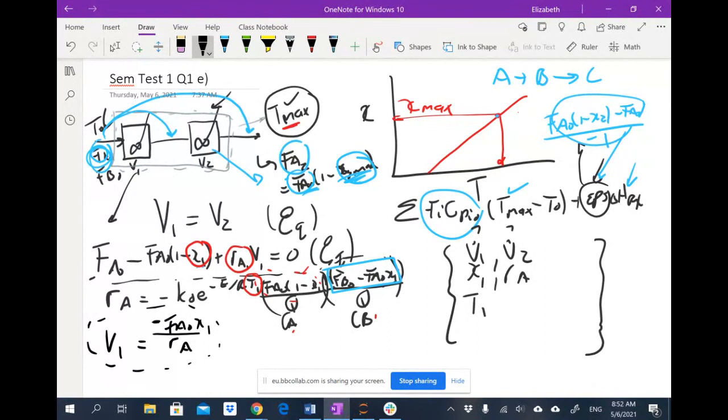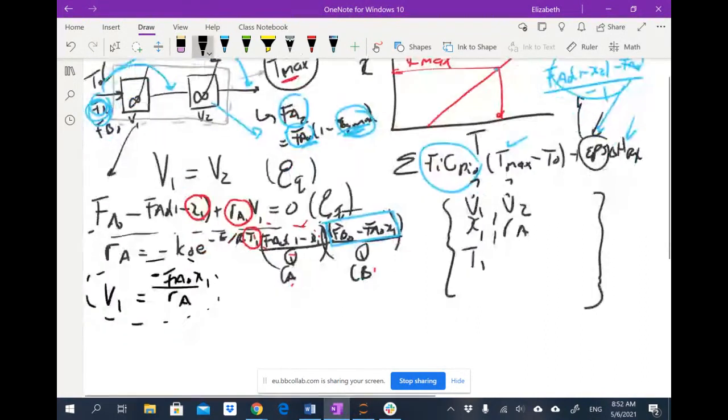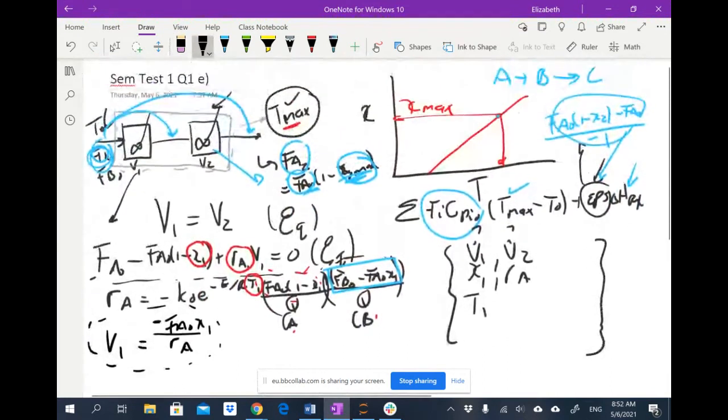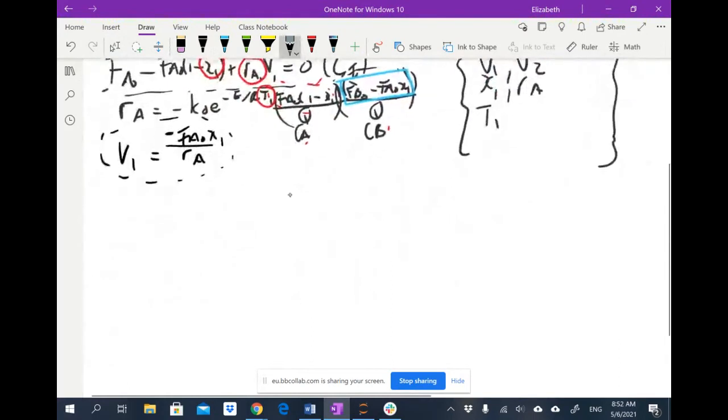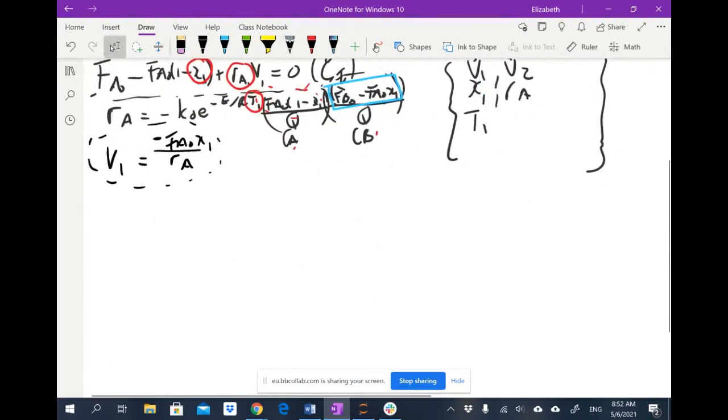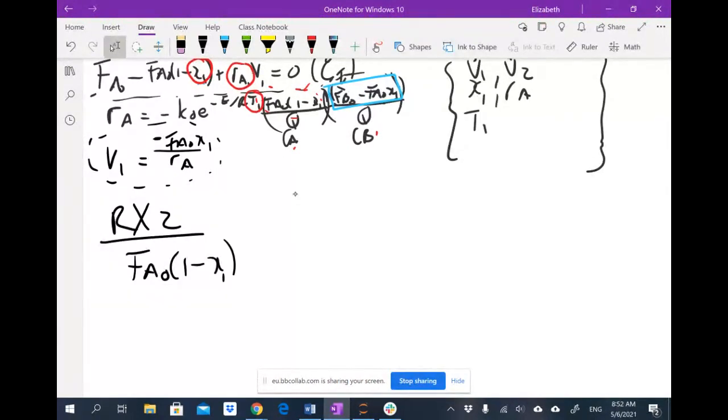Cool, so let's now go to the second reactor. Let me see if I can get some more space. Yes. So I'm now going to analyze my second reactor. What is important, I am going to start with my mole balance. And now I have for reactor 2, for my mole balance, FA into that reactor, which will be FA naught (1 minus x1).